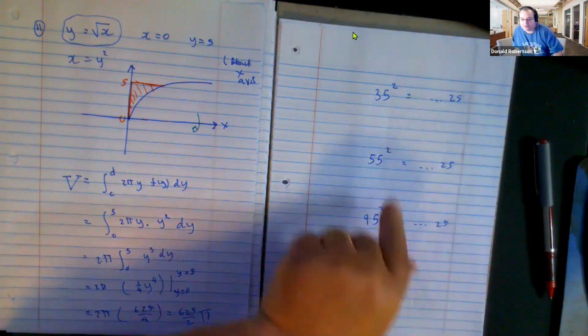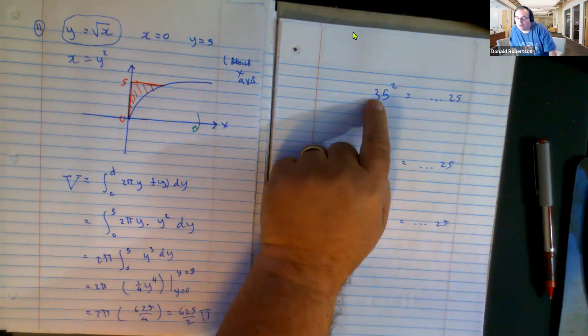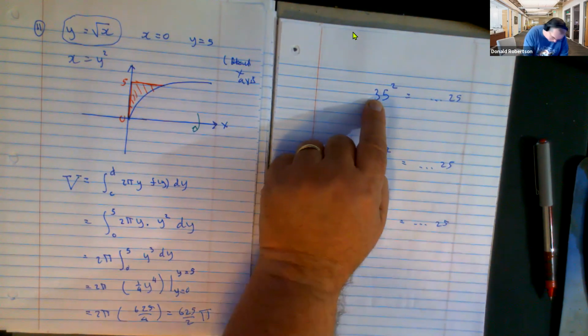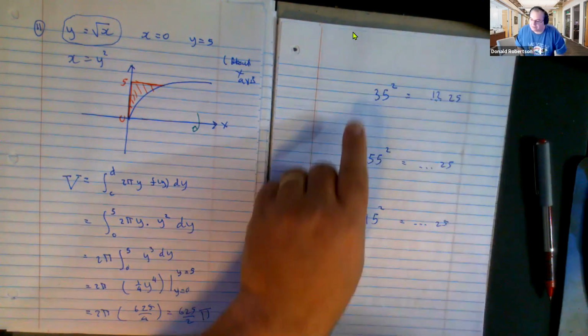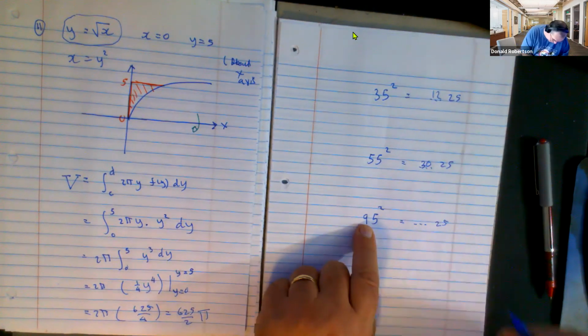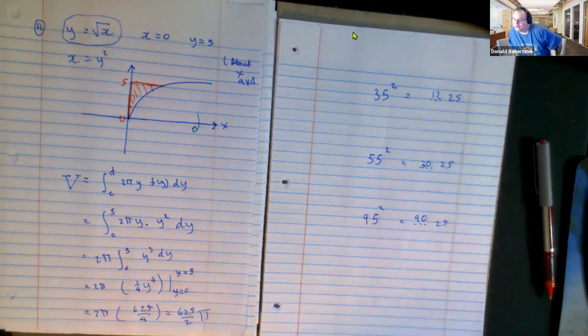You then take the first digit and you multiply it by the next digit. So 3 times 4 gets you 12. 5 times 6 gets you 30. 9 times 10 gets you 90. That's how you square numbers that end in a 5.